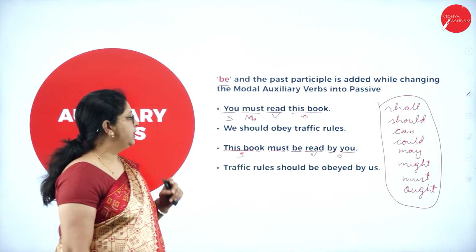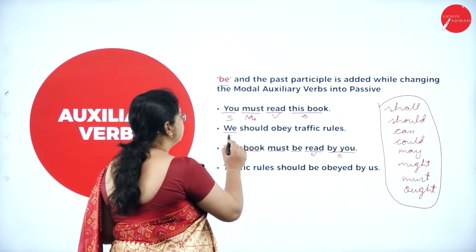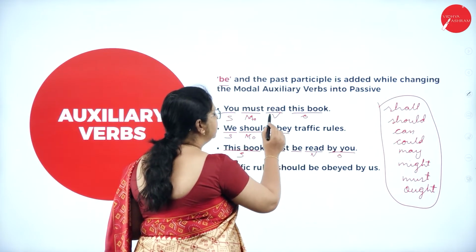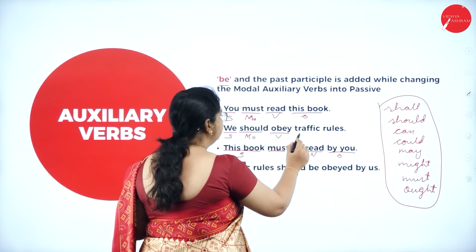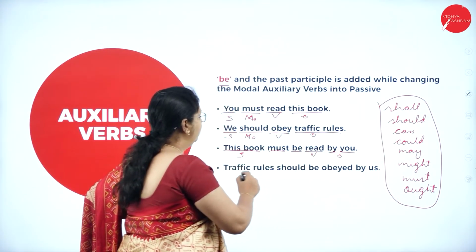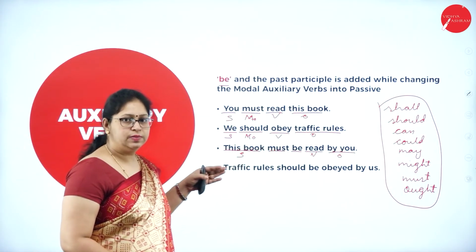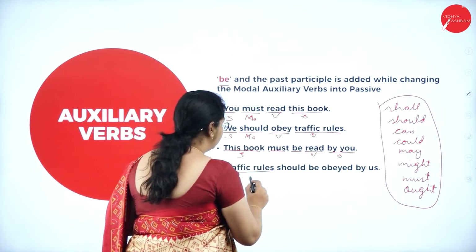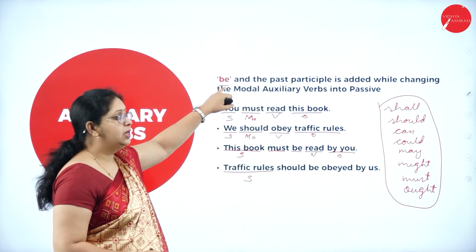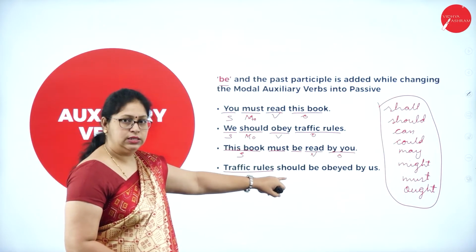Okay. Let us see the other example. We should obey traffic rules. We is the subject. Should is a modal. Obey is the verb here. Traffic rules is the object, the receiver. Now, let us see the passive form. Traffic rules. The object has to become the subject, right? So, traffic rules is the subject. Should will be there. And what is the condition? We should add be form to that sentence if there are modals in it, right?